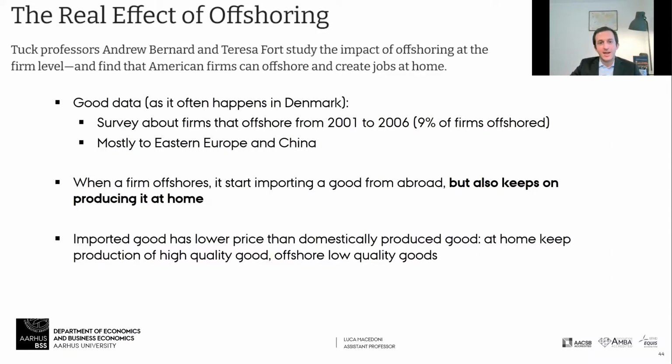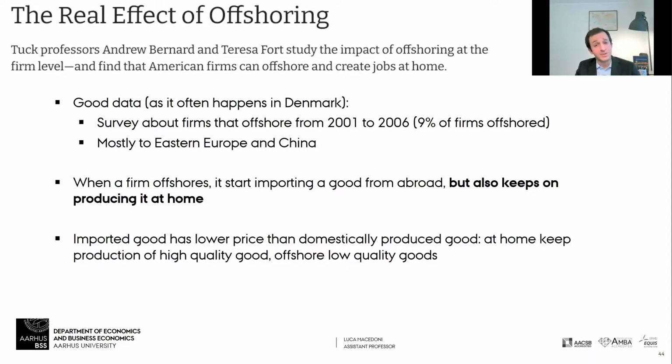How to actually account for that just by looking at data on imports is very, very difficult, because we don't typically know. Sometimes it is possible, but it's very difficult to actually track offshoring, so actually track a drop in some parts of production and a subsequent start of importing the same part of production.